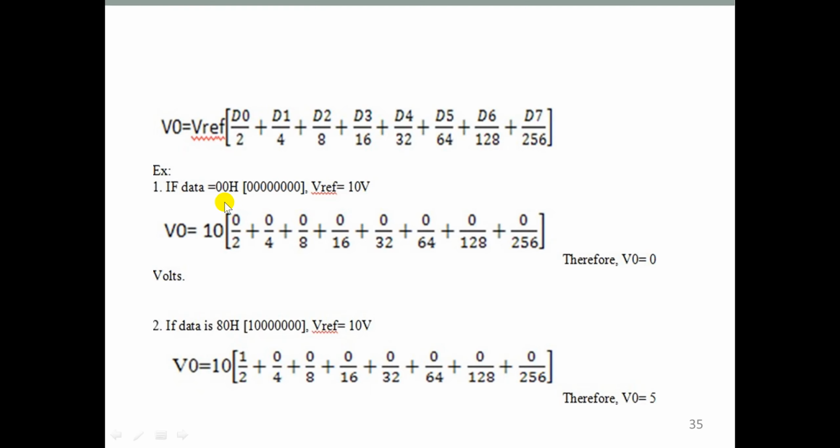For example, if the data is 00, with V reference 10 volts, then 10 into 0 by 2, 0 by 4, 0 by 8, like that, so the output voltage will be 0. If the data is 80H, with V reference 10 volts, it is 0.5, so 10 times 0.5 means 5. The output voltage will be 5 volts if the data is 80H.